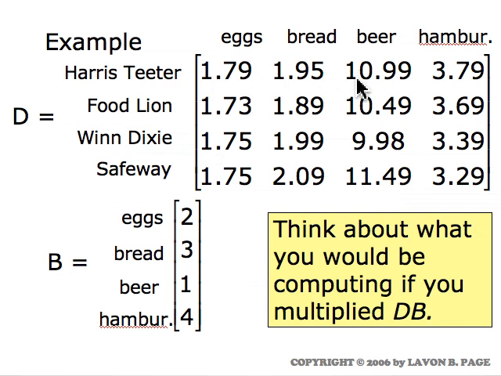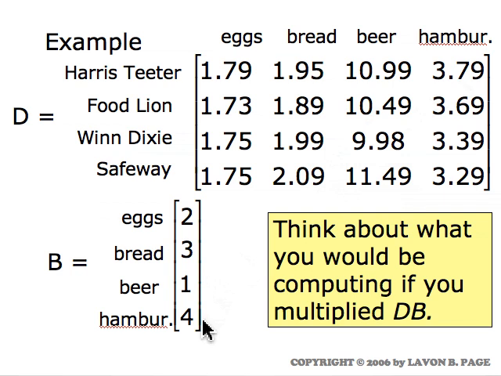When we do row 1 of D times the only column of B, we're saying $1.79 for eggs times 2 dozen eggs, plus $1.95 for a loaf of bread times 3 loaves of bread, plus $10.99 for beer times a case of beer, plus $3.79 for a pound of hamburger times 4 pounds of hamburger.